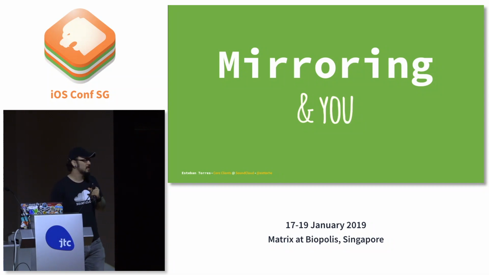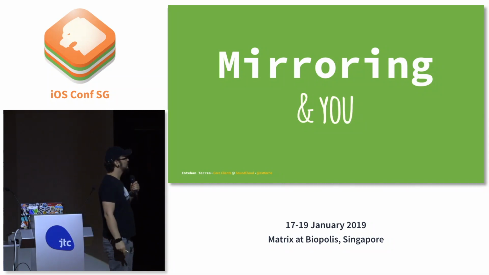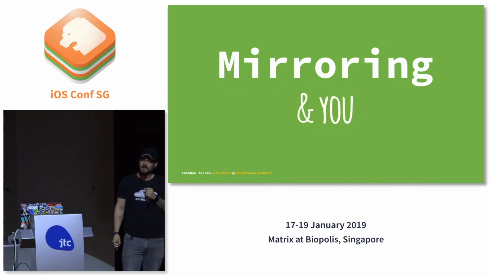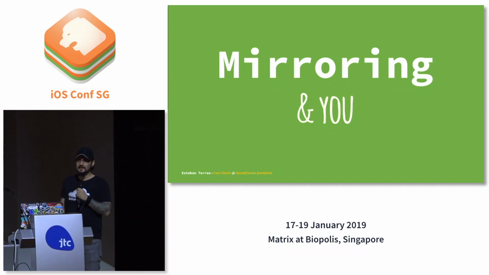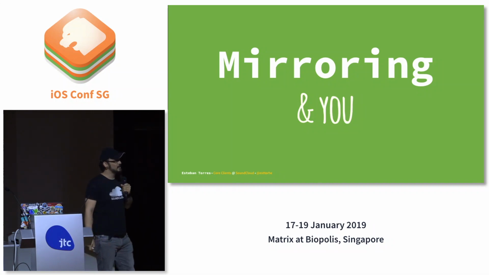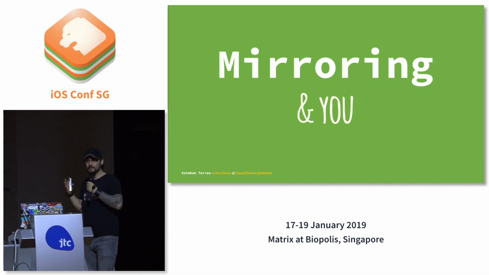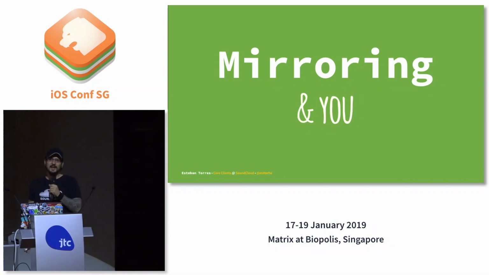Now, for all of you that don't know what mirroring is, I'm going to give you this awkward conversation, mirroring and you. Basically, it's not very performant. It relies on runtime. It needs to analyze your graphs, your objects. It's not meant to be used in production, except for very specific use cases. This was definitely not one of them.